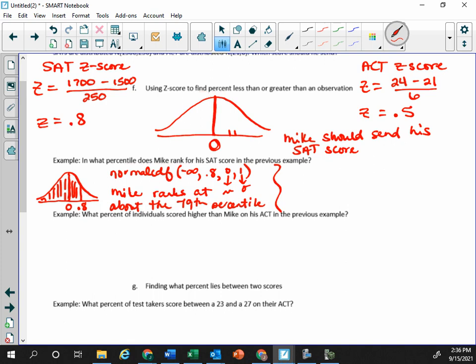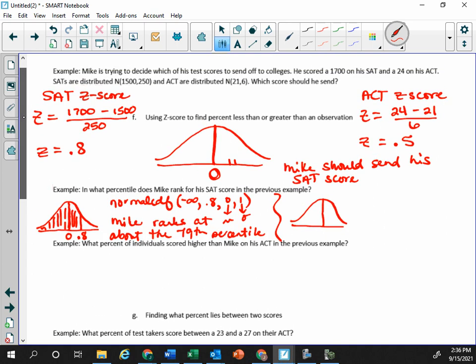You just answered. Perfect. Now, let me show you how we could do this if we didn't already find his z-score. You don't have to take the time to find it. We could draw another picture and just base it off of the original SAT information.